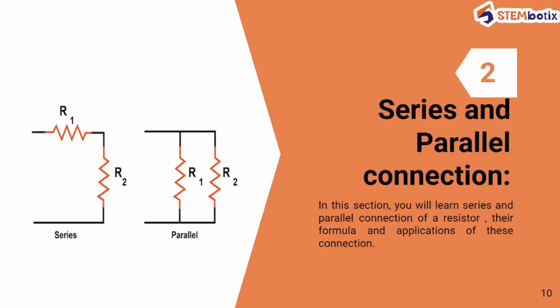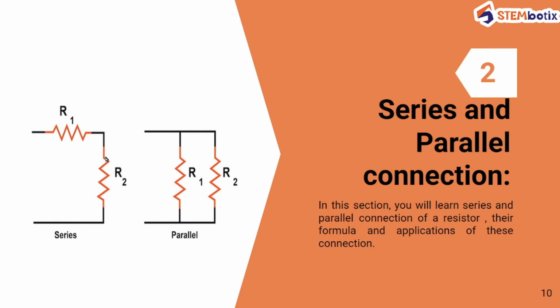Now let us see the series and parallel connection. What happens when you connect more than one resistor in series, and what happens when you connect more than one resistor in parallel? Parallel is this and series is this. In a series connection there is only one common node, whereas in a parallel connection there are more than one common nodes.